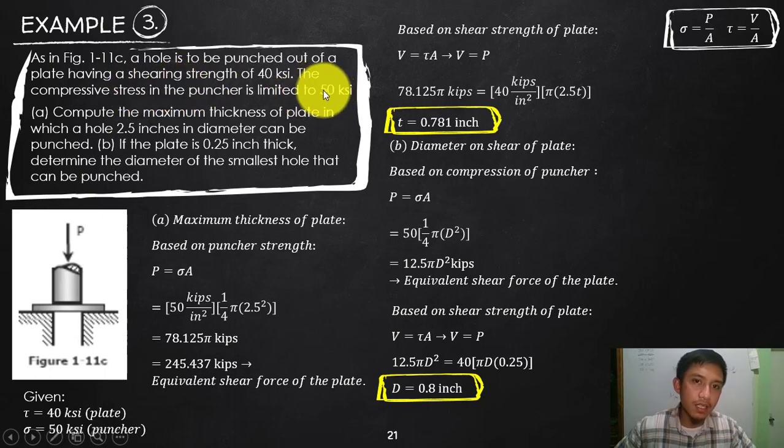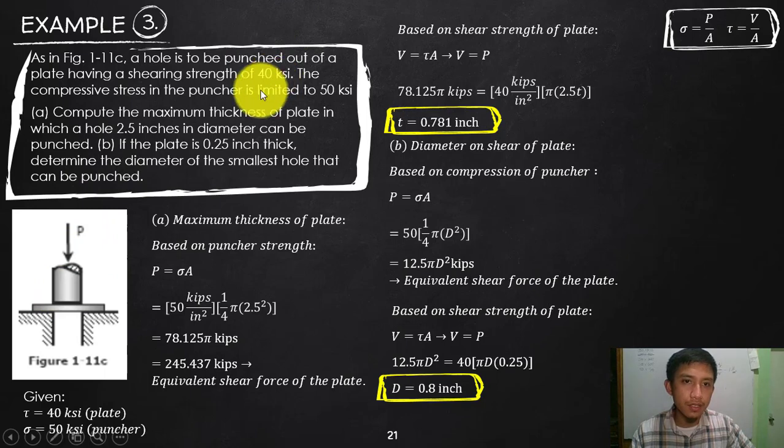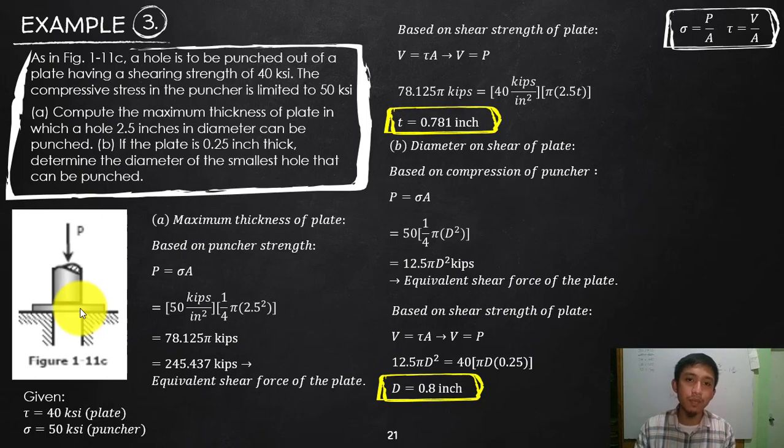So what does that mean? The strength of the steel used in the puncher is stronger than the strength of the steel used in the plate. We have different types of steel, so we have different strengths with respect to the type of steel.